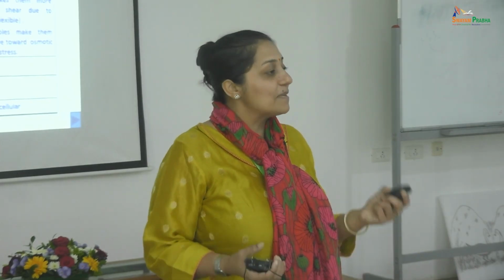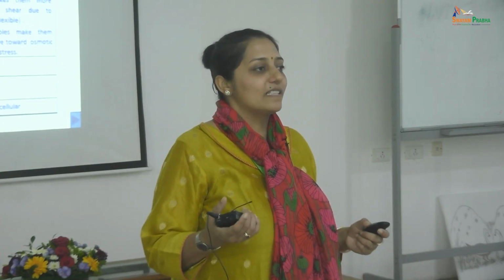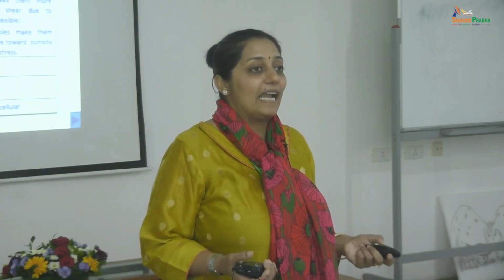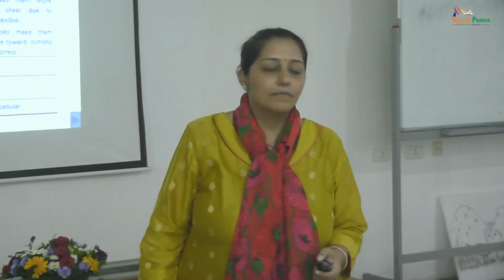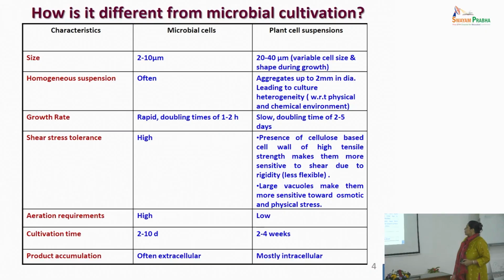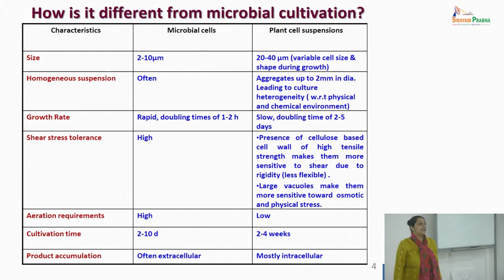So every time it's a balance. You may have got the result you were expecting, but some other thing which you had not anticipated might be becoming a hindrance in your bioprocess. So cells, as I said, plant cells, they tend to aggregate, and you may be able to see cell aggregates as large as 2 millimeters in diameter.